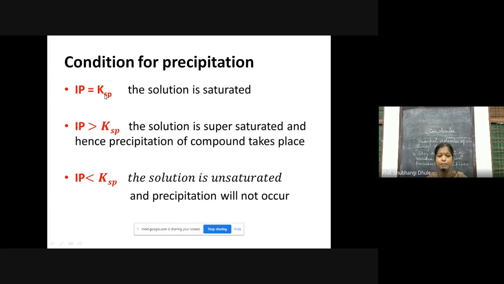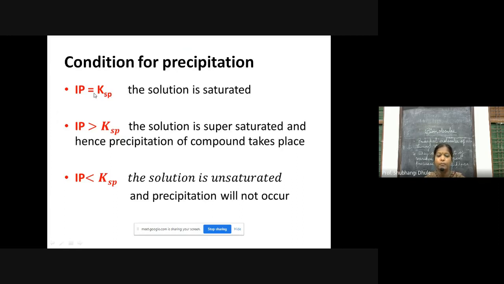But Ksp is the special case of the ionic product. Ksp is the limiting value of the ionic product. Means if you increase the value of the ionic product up to a certain limit, then after that limit, if there is an increase in the concentration of either the cation or the anion, the salt is precipitated.